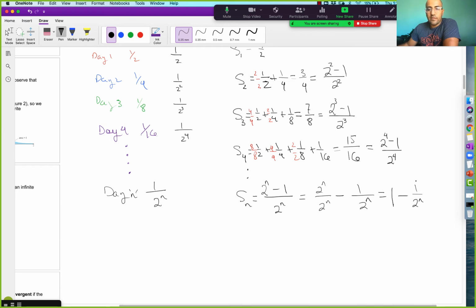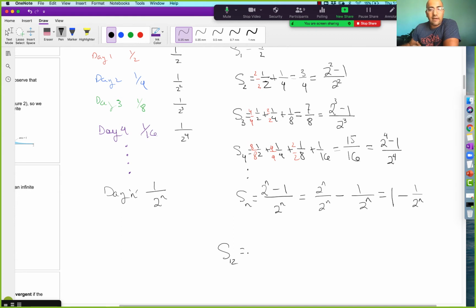This little formula tells you how much is the running total of all the pie you've eaten as a function of n. So if they ask you how much pie have you eaten by the 12th day, that would be the 12th partial sum.